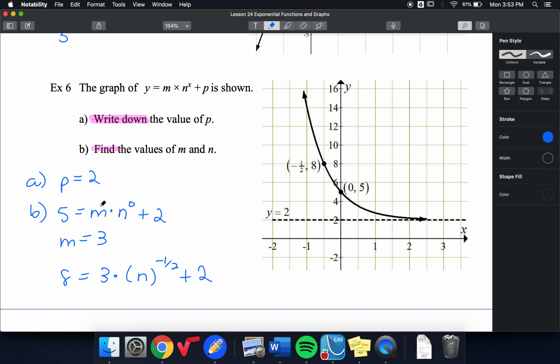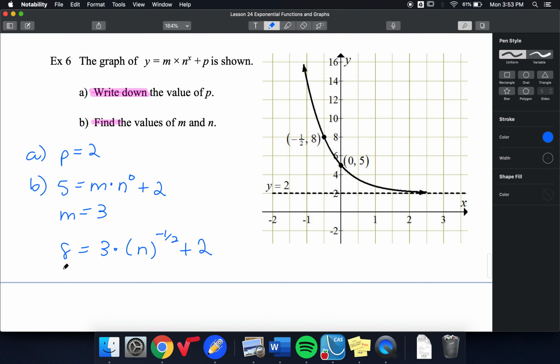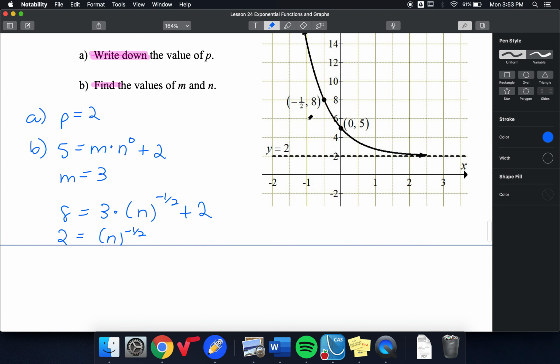So 6 divided by 3 must be 2. So 2 equals n to the -1/2 power. I know that a -1/2 power is the same as 2 equals 1 over the square root of n. The half means square root. Therefore, my n value must be 1/4.